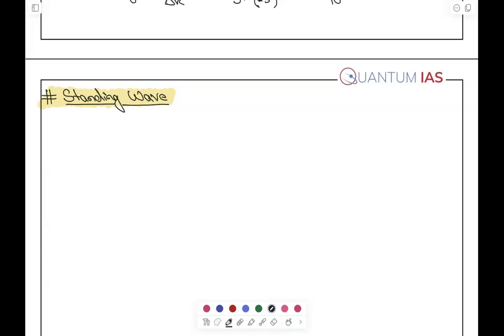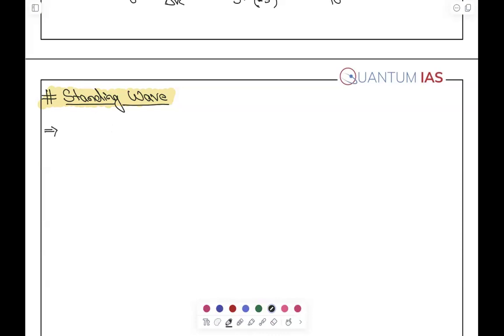Okay, so standing waves are basically waves which have no net flow. No net flow. Yes, they are flowing, but there is no net flow. So yes, you can write that.